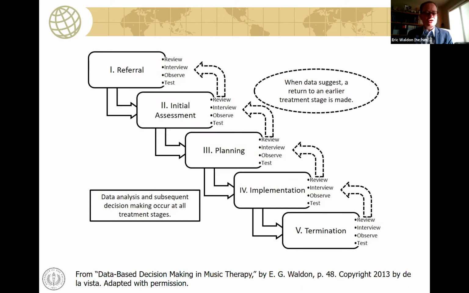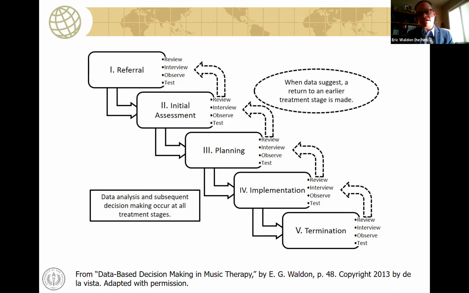We're making observations of the client's behaviors, of their responses, particularly their responses to music. And perhaps we're using some sort of a measure or a test as a way to further understand the client's situation, and perhaps to provide some preliminary information, maybe some goals that we might be thinking about.